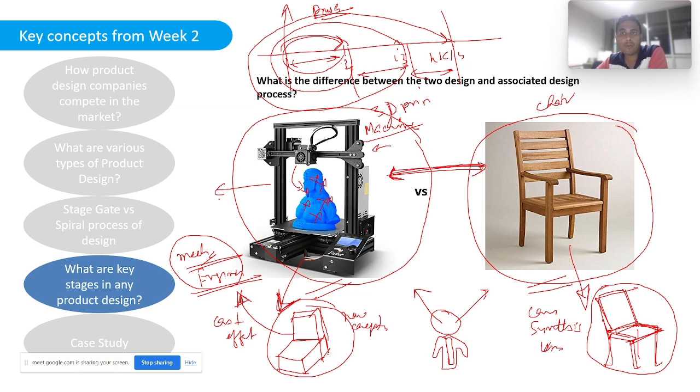If it's a medical product, you cannot commercialize versions of it unless you reach a specific level of safety or efficacy. Similarly, for aircraft, you cannot do a Prusa kind of thing. So depending upon the product, you can choose whether you follow the stage gate approach or the spiral design approach. Clear? Yeah. Okay.